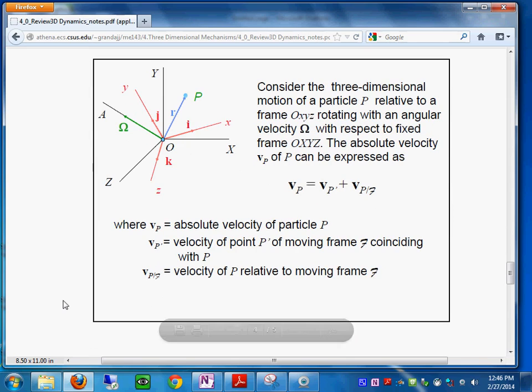This is an example here that shows the velocity of P and P prime, so it derives omega with respect to a fixed axis.